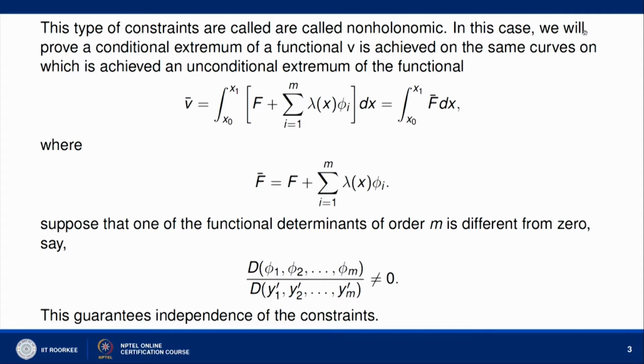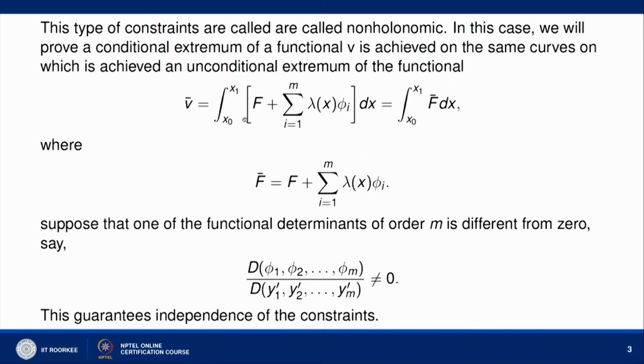In this case we will prove that a conditional extremum of the function v is achieved on the same curve on which an unconditional extremum of the new function is achieved. As we discussed in the previous case, we show that the conditional extremum of v is achieved on the conditional extremum of this v bar.